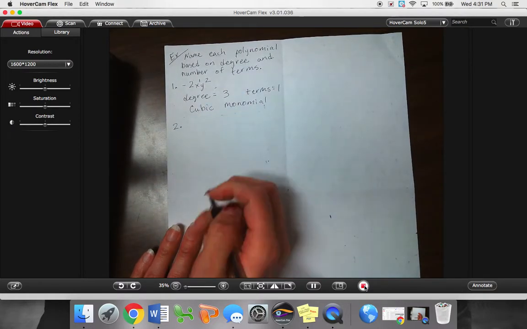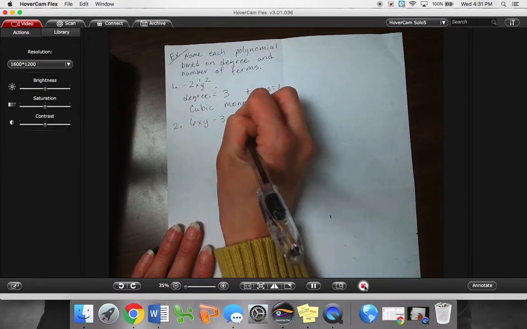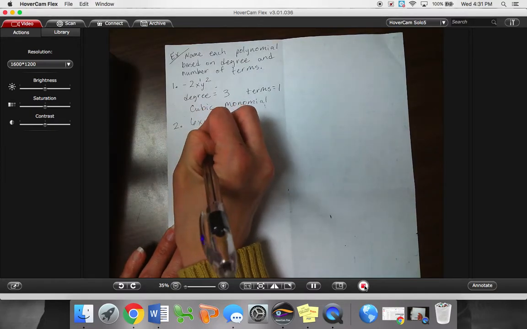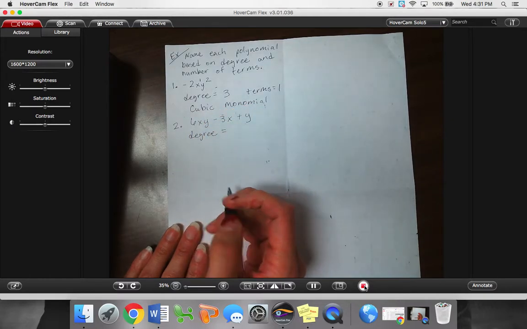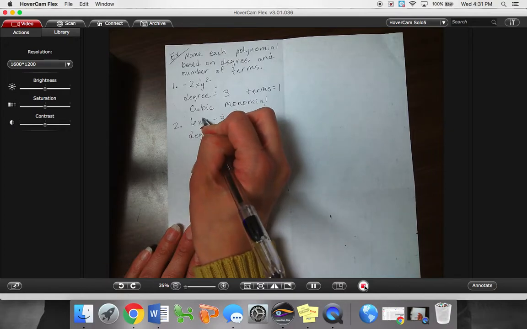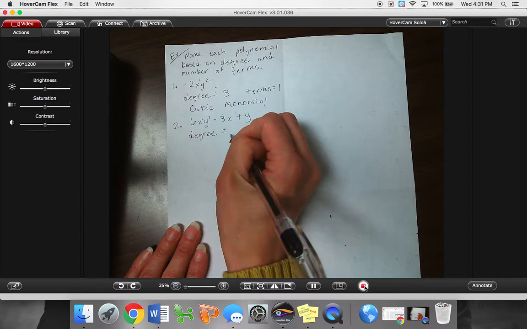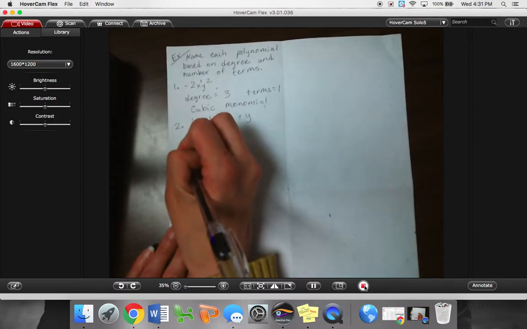Number 2, 6xy minus 3x plus y. This is what you'll be given. Now you have to determine the degree. Remember that this x has a power of 1 and this y has a power of 1. Add those together, your degree is 2. Degree 2 is called quadratic.